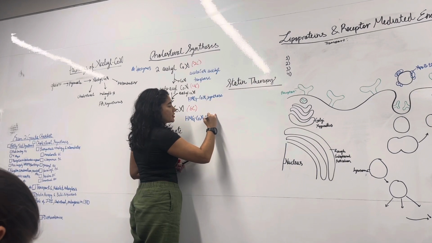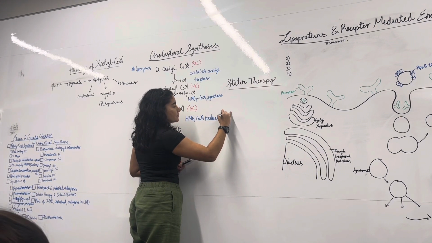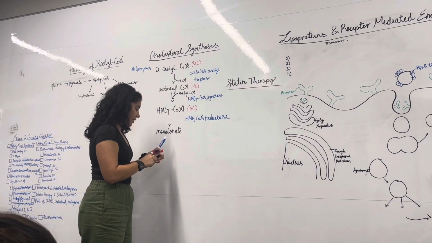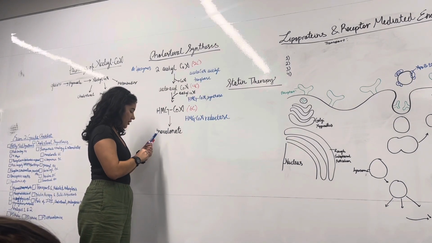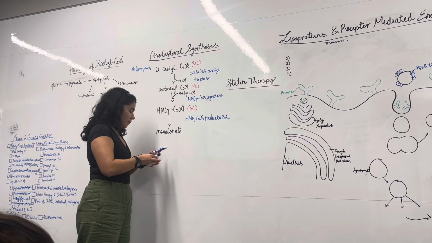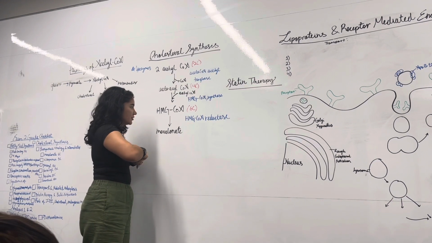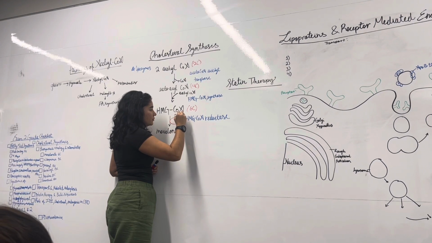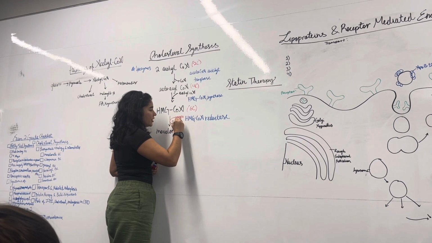HMG-CoA reductase. So basically HMG-CoA is getting reduced, and remember, whenever we have a reduction process, what is the molecule that's going to be providing our hydrogens? NADPH. It's converted to NADP+.